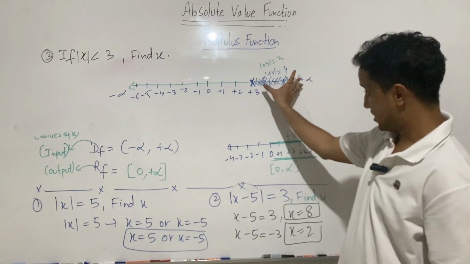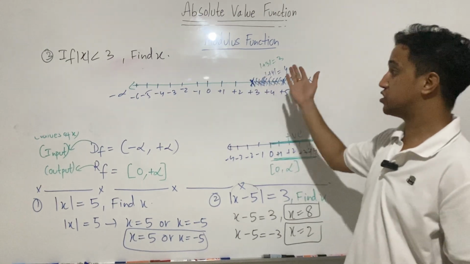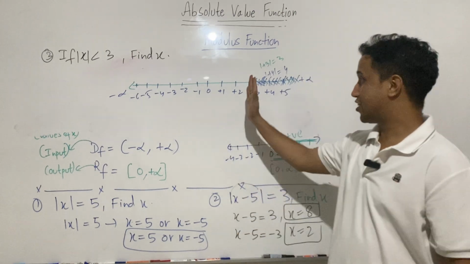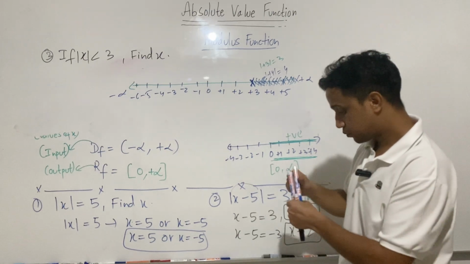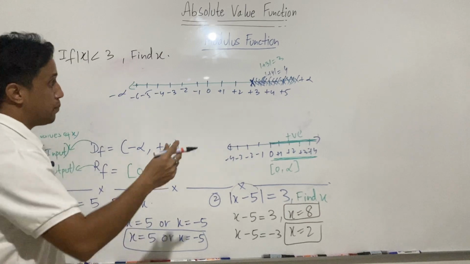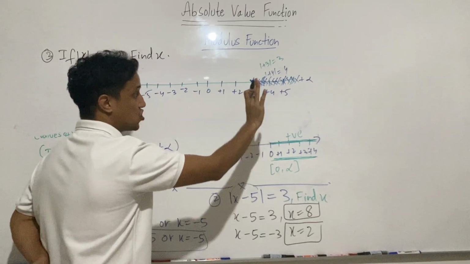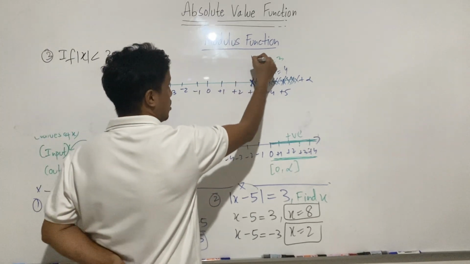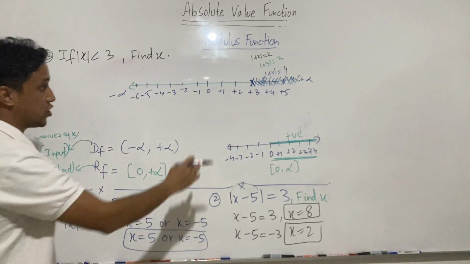Because if I take these numbers greater than 3, or 3, as my input, then the absolute value function is going to be 3 or greater than 3. Okay, now let's take the other case. 3 is not included. Now come to this 2. If I take 2, yes, it's less than 3. Yes, so it will come.